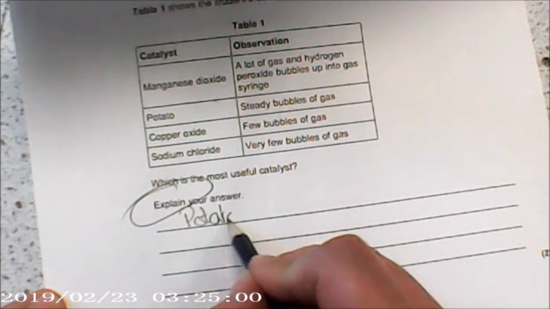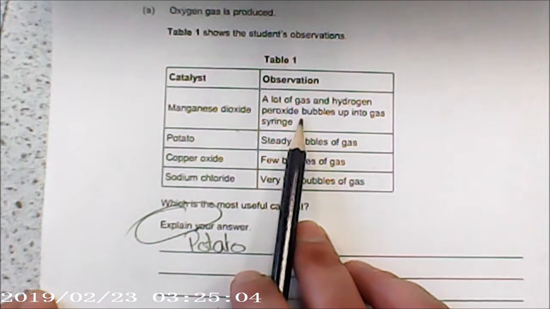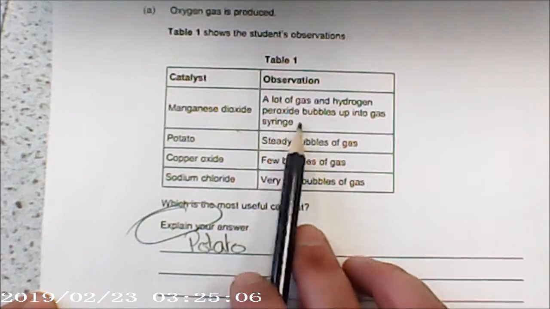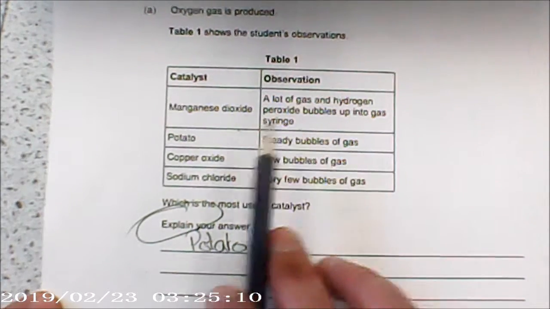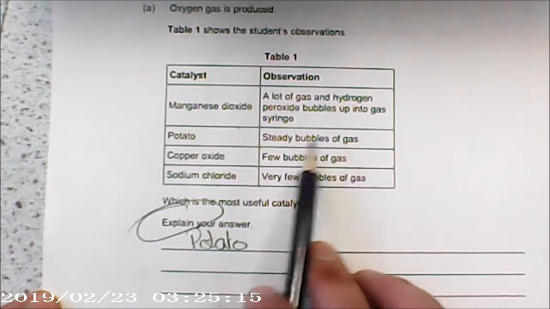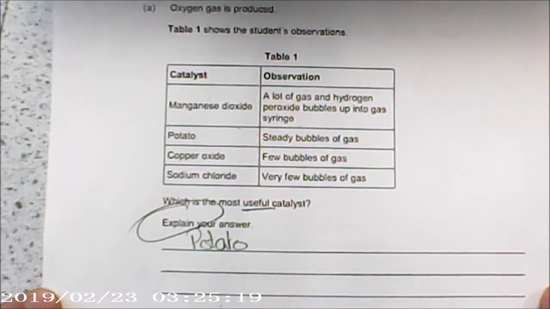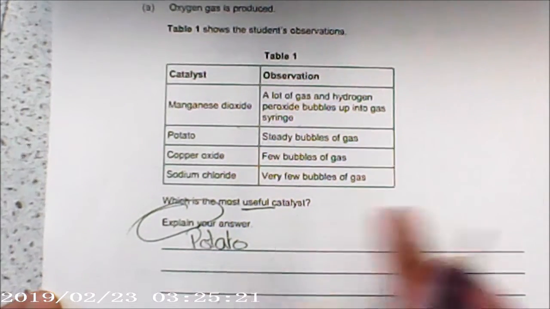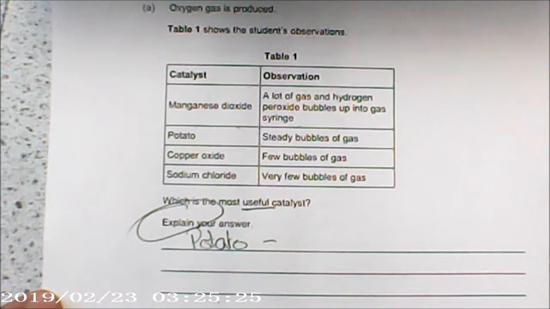Now the clue is in the observations, because it says in the manganese dioxide that it bubbles up and goes up into the gas syringe, whereas the potato produces steady bubbles of gas. So in terms of use in industry, the potato would be the best, and so if you put potato you get 1 mark.